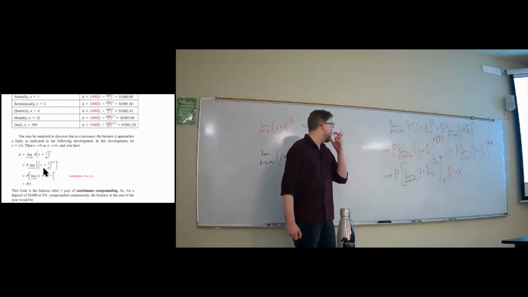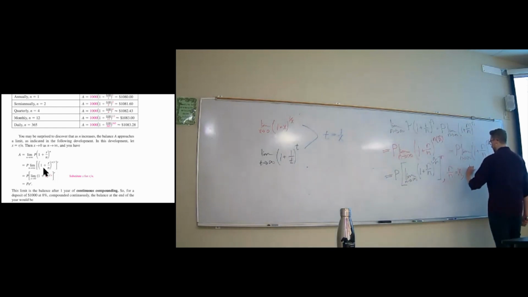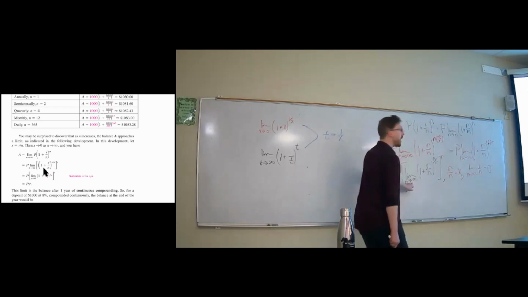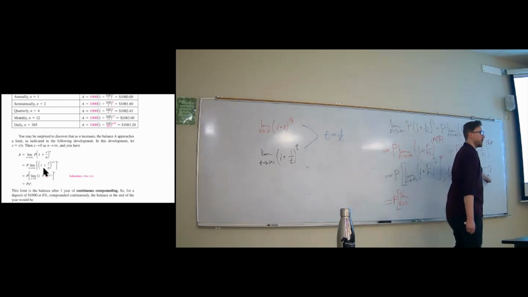But if we do, when n goes to infinity, then x has to go to 0, right? So we're going to change our limits now. So this thing then is p times the limit as x goes to 0. We got that from this.